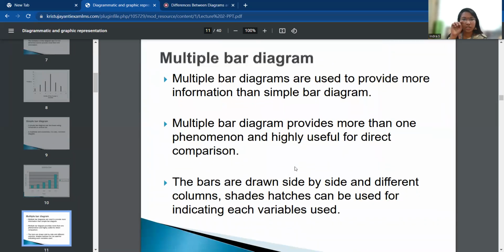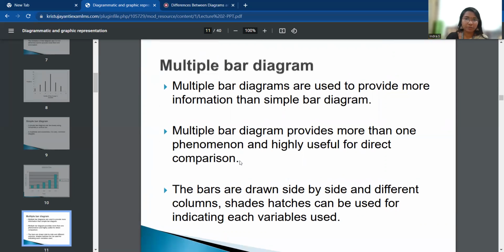Quickly moving on to the multiple bar diagram. A multiple bar diagram is used if two or more sets of information are given to me. Multiple bar diagrams are used to provide more information than a simple bar diagram.